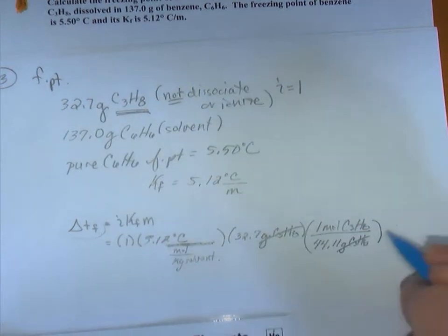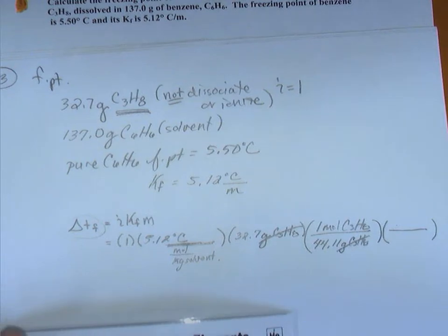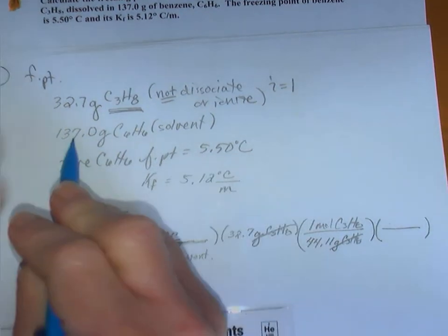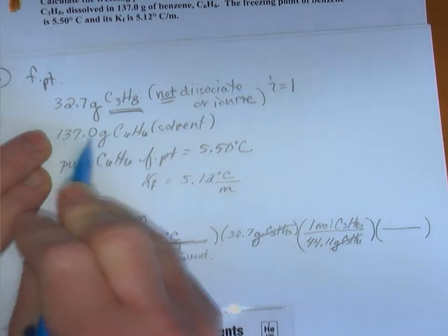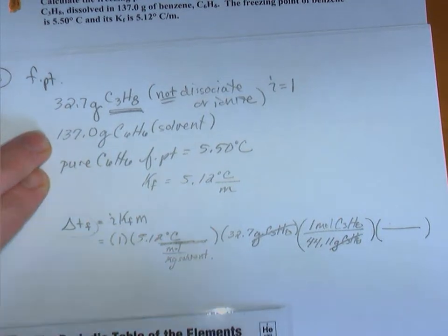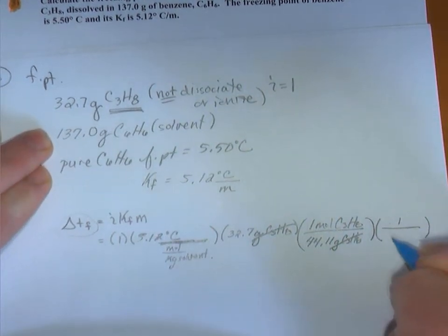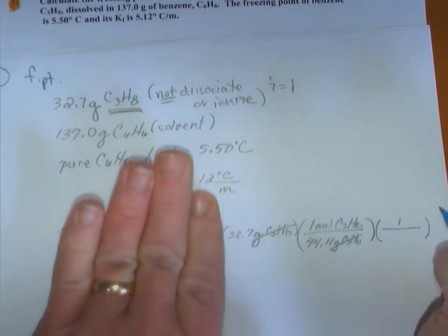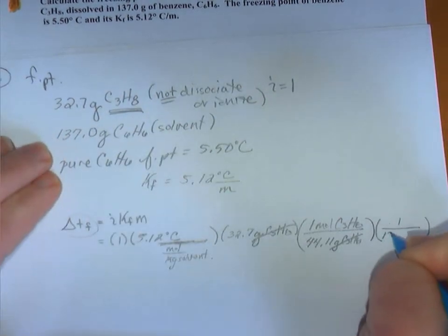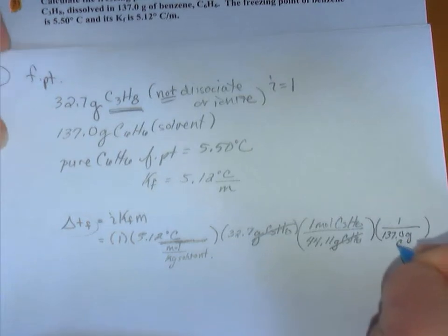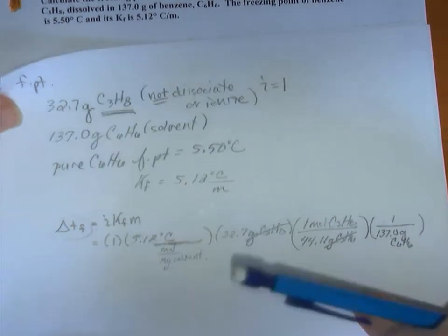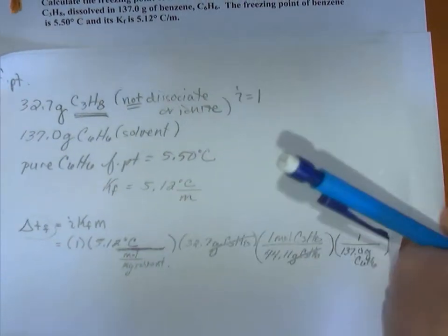And remember, it is per kilograms of solvent. I am given 137 grams. So I want my solvent to be in the denominator of my molality expression. So I have 137 grams of the C6H6, but I need that to be kilograms.